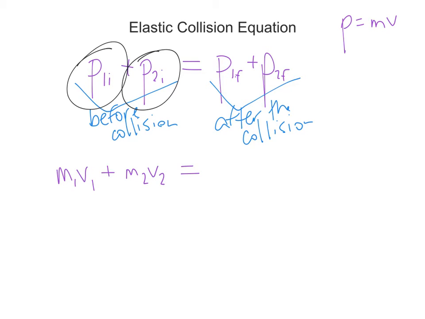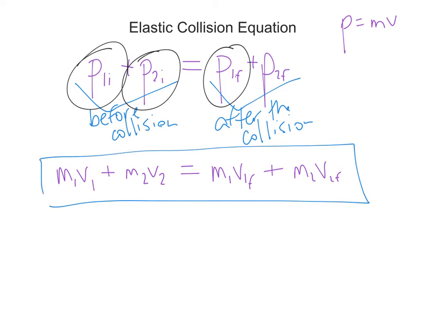And then the final momentum for object 1 would be the mass of object 1 times its final velocity, plus the mass of object 2 times its final velocity. This is actually the equation that's a lot easier to use because it's much easier to find the variables.